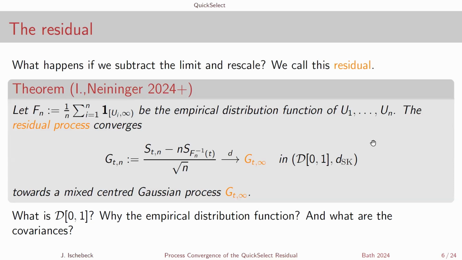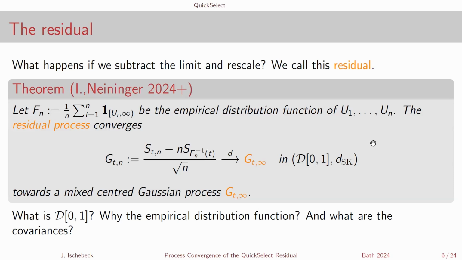Then we say the residual process is this term: the costs at step t, minus n times the limit, but not at t, rather at the inverse of the empirical distribution function of t. Then we scale it with the square root of n, and this converges to a limit process, which we call G infinity. It converges on D[0,1] in the Skorokhod metric, and this limit is a mixed centered Gaussian process.